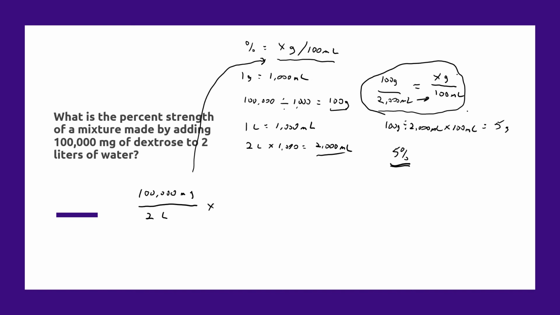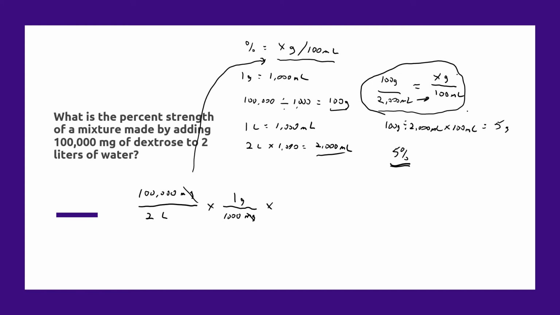If we're going to do this in the long drawn out format, you have to invert the units. So here we're going to put our known conversion, which is 1,000 milligrams is equivalent to 1 gram. And when you do that, the milligrams cancel out.